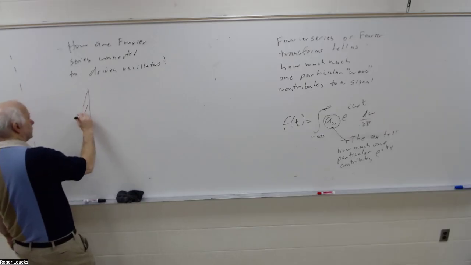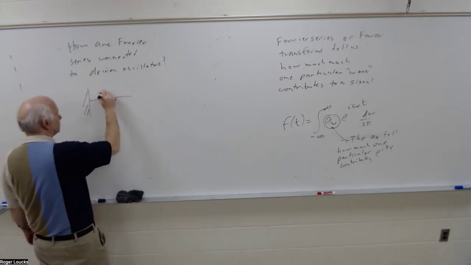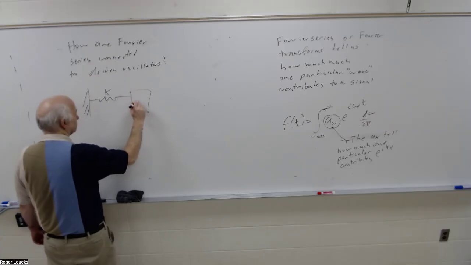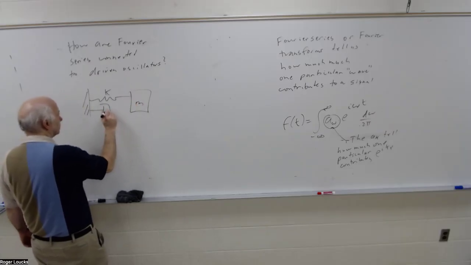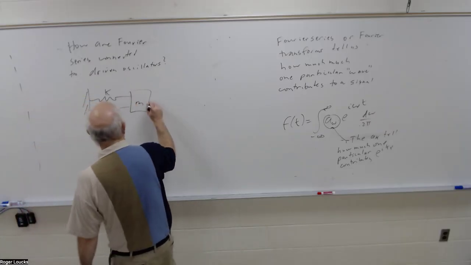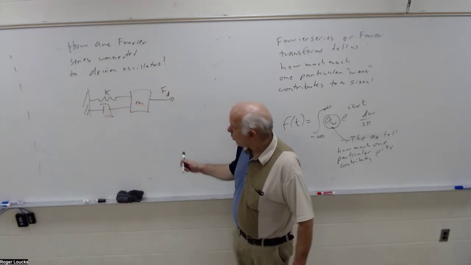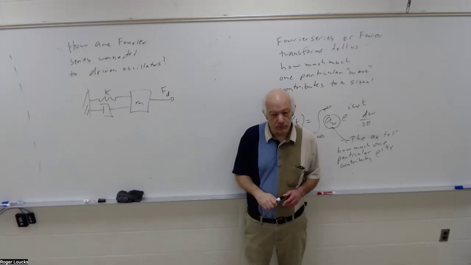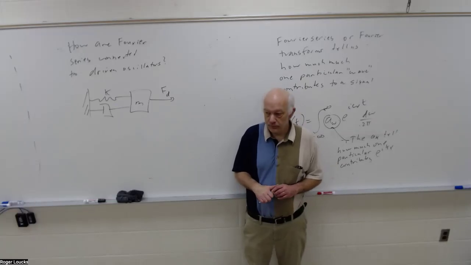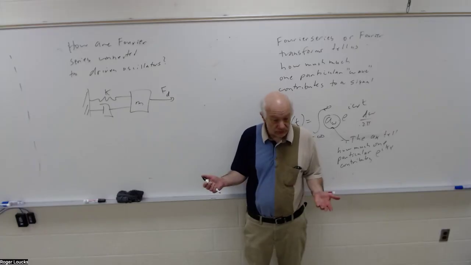So let's go back to our picture here. So here's our spring. This is M. Here's this guy here. We have a driving term here. That's our driving term, whatever we've been taking this driving term to be, a sine or a cosine with the same amplitude.